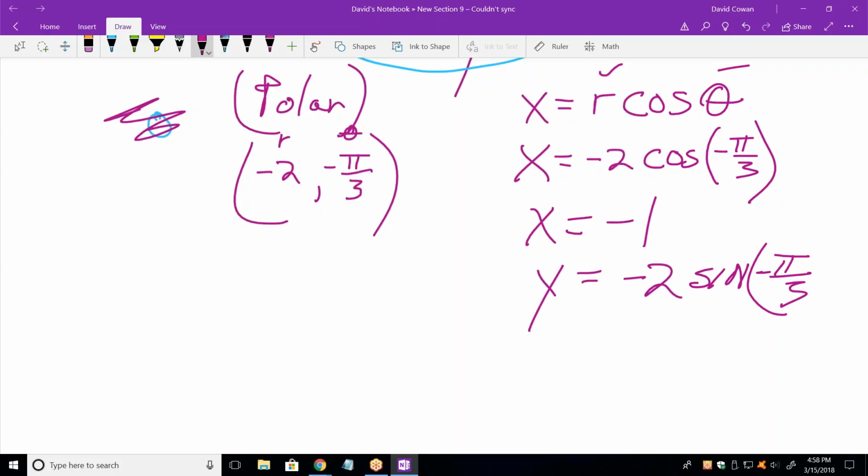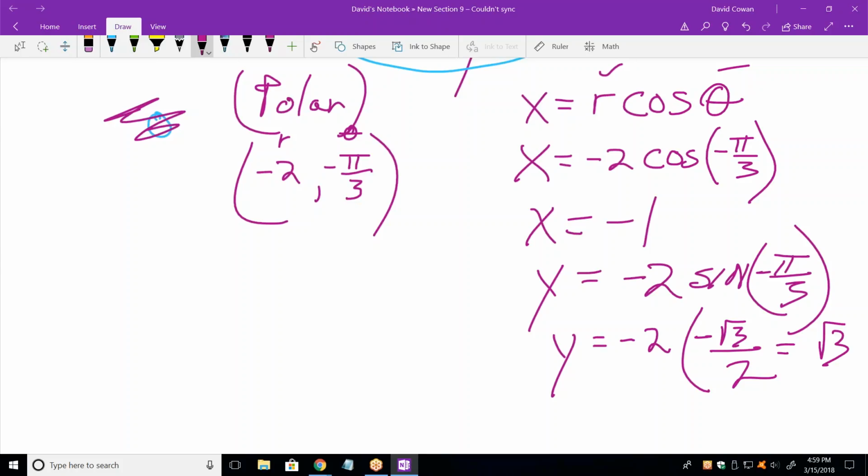The sine of minus pi/3 is negative in the 4th quadrant, and that is square root of 3 over 2. So the y-coordinate becomes minus 2 times negative square root of 3 over 2, which is a positive root 3. So my polar was -2, -pi/3, and my rectangular ended up being -1, comma, root 3.